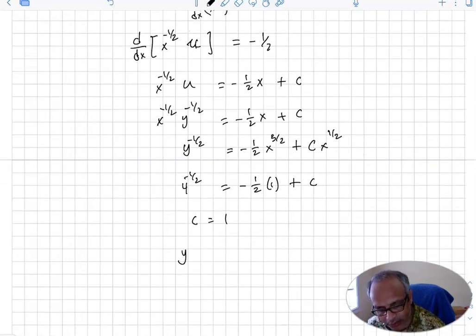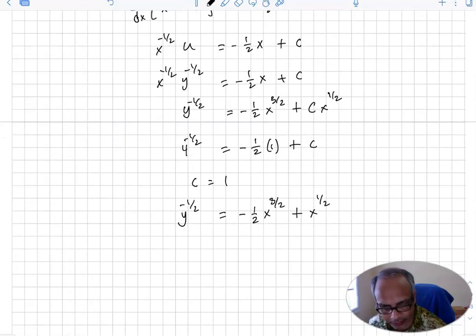Therefore you have y to the negative half equals negative half x to the 3 over 2 plus x to the 1 over 2. So that's a solution, but we can simplify it to write an explicit solution. What I'm going to do is square both sides.